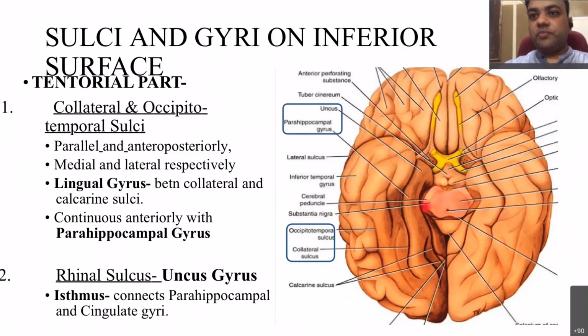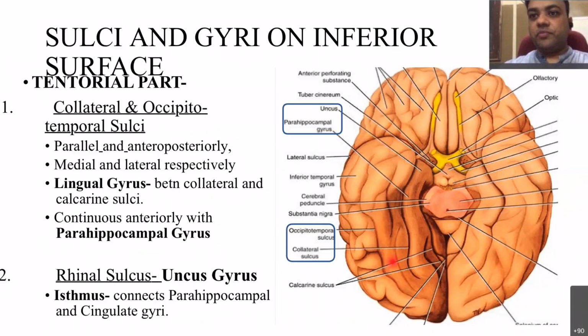Just medial to that, on the inferior surface of the temporal lobe, you can see the anteroposteriorly running collateral sulcus. And the sulcus lateral to that is known as the occipito-temporal sulcus. So in the middle will be the collateral, and lateral to it, from the occipital lobe to the temporal lobe, is the occipito-temporal sulcus.